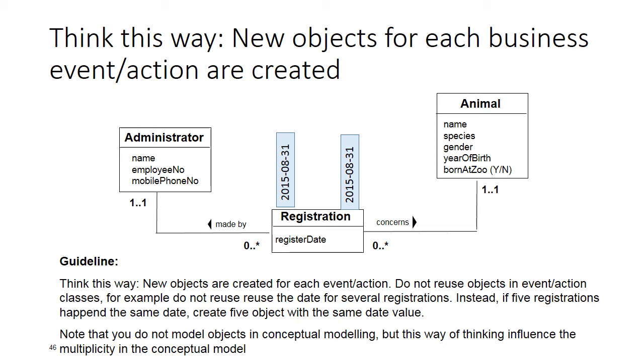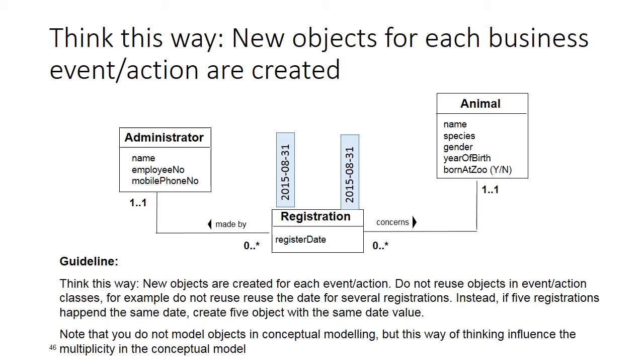For example, say that 5 registrations happened on the same date. Then you need to create 5 objects with the same date value. So in this case, you can see that 2 events have happened, and each event has created 2 objects with the same date value.